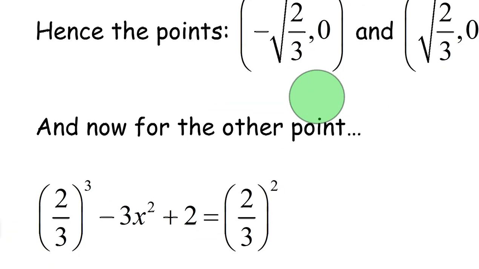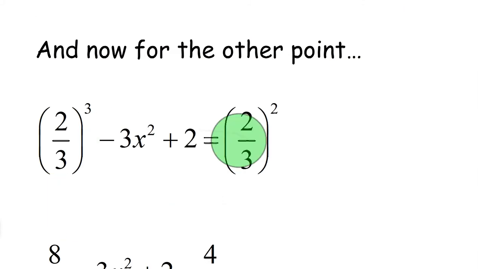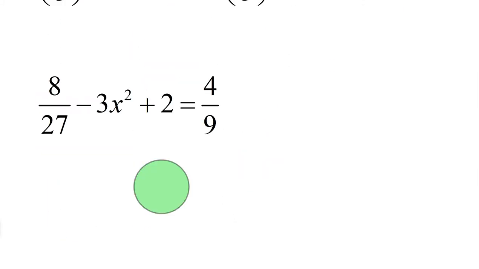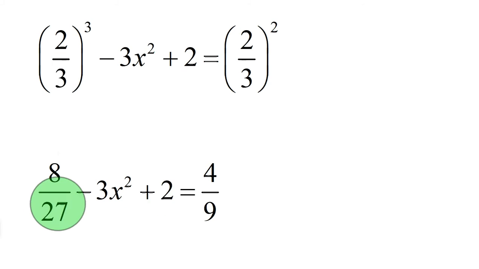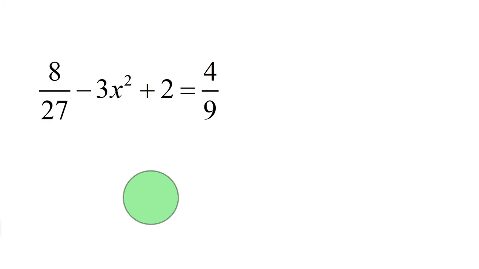Now for the other point, we figured out the derivative is undefined when y is 2/3, so we're going to plug 2/3 into the original. And we get 2/3 cubed, 8 over 27, and 2/3 squared, 4/9. Now we just have to get x by itself.